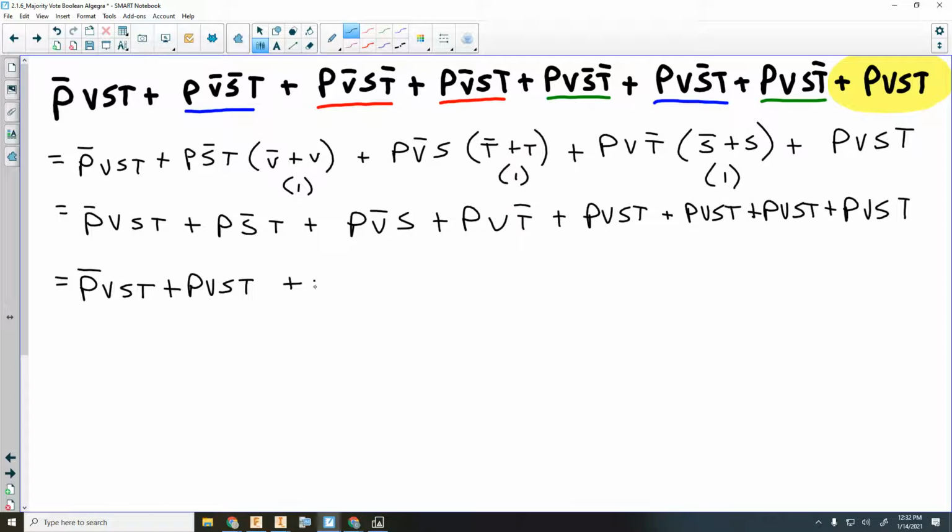Or my second term is what? PS naught T, ORed with PVST. And my third term was what? I guess I could underline these so we kind of know where we're at. That's that one, that's that one, and that's that one. So that's PV naught S, ORed with PVST.